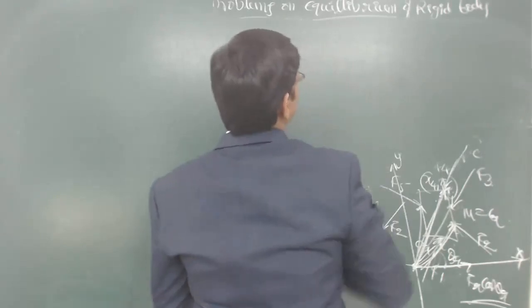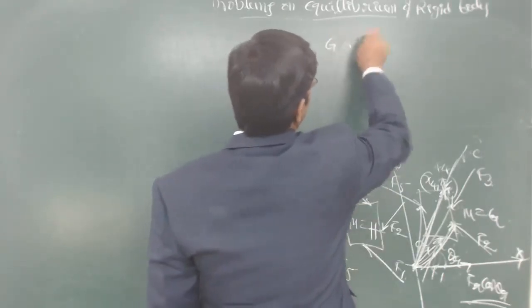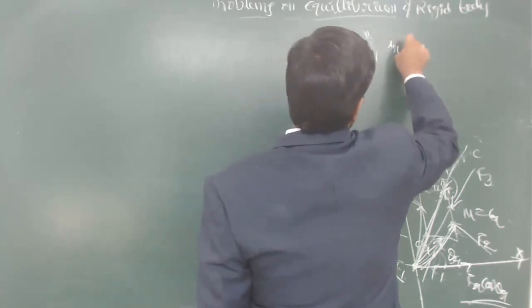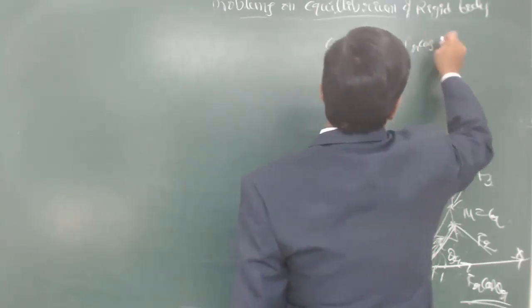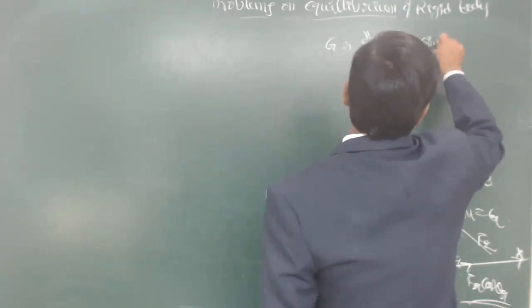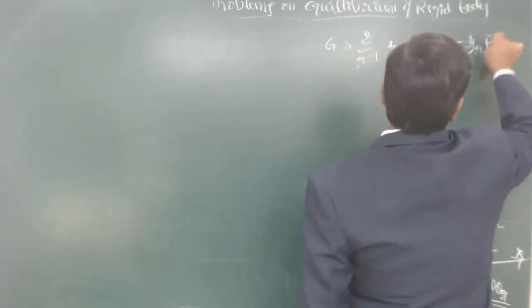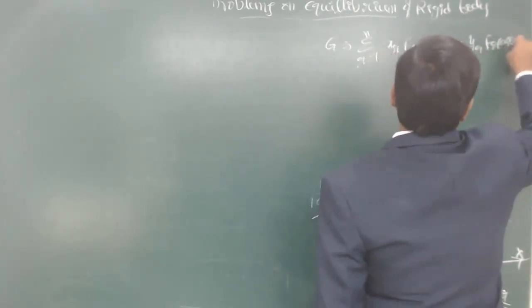So we have got the g value as sigma r equal to 1 to n, xr fr sin theta r minus yr into fr cos theta r.